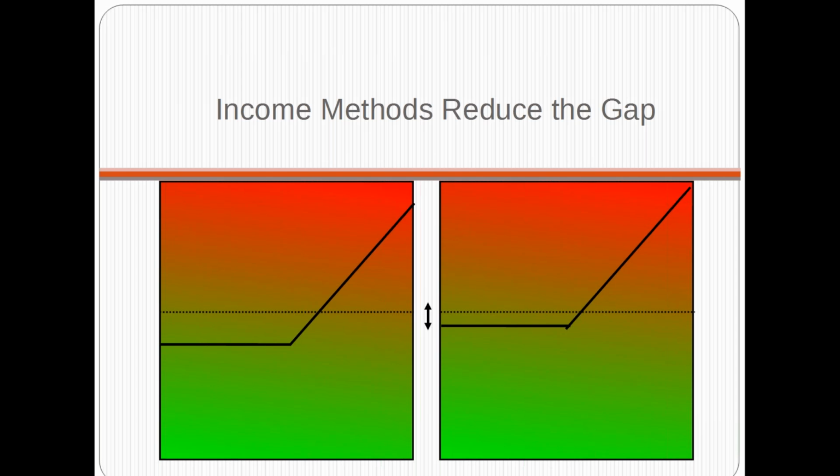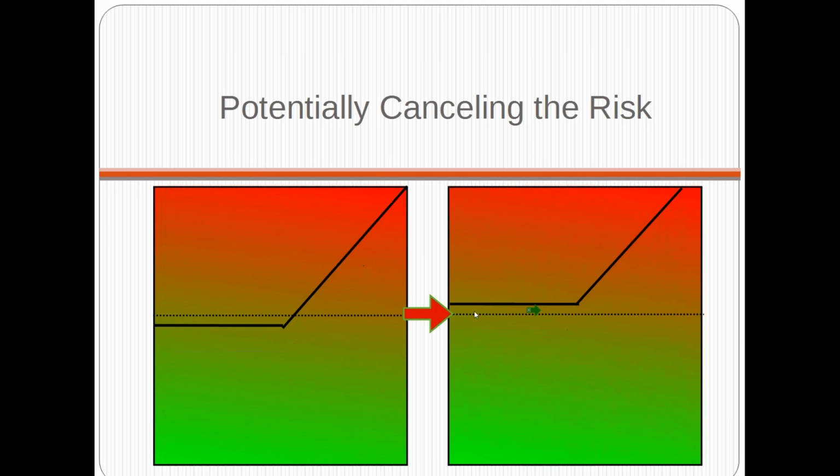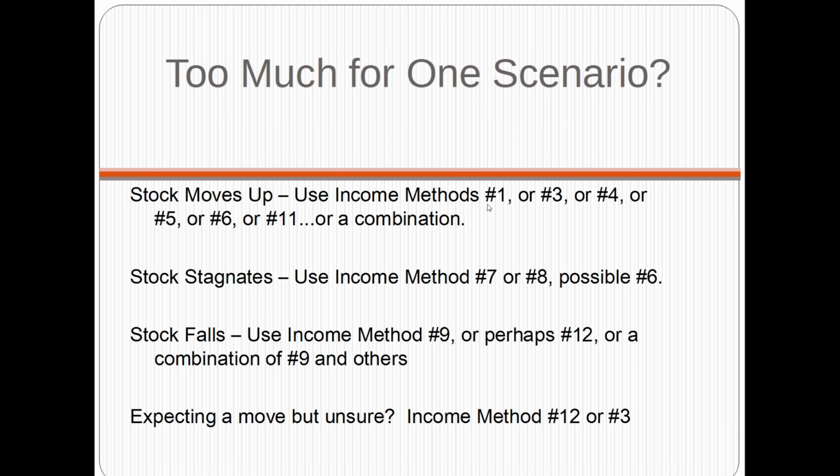And as we continue to go forward, we can shorten that risk on the position until eventually we could be bulletproof, meaning we're guaranteed a profit even if the stock collapses. We can still apply other income methods as we move forward, and we still have the opportunity for an unlimited upside profit potential.